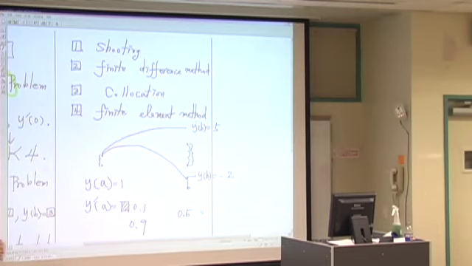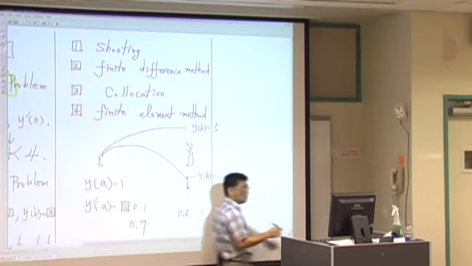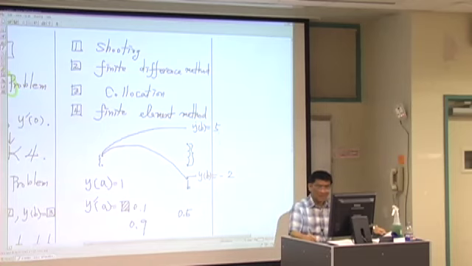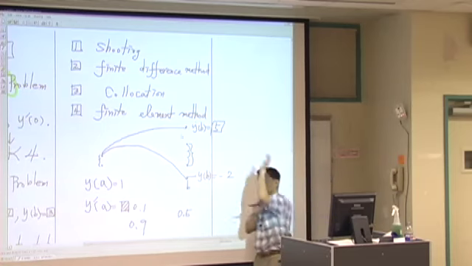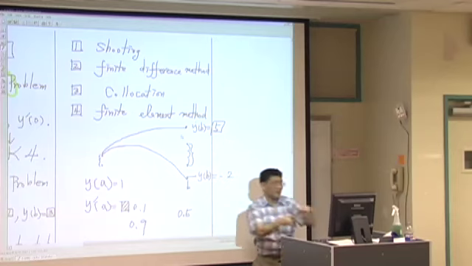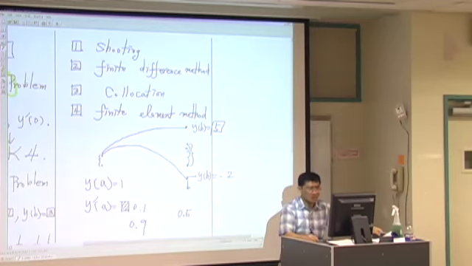Then what happens? With this angle, we may shoot between these 2 points, right? So we may shoot somewhere.